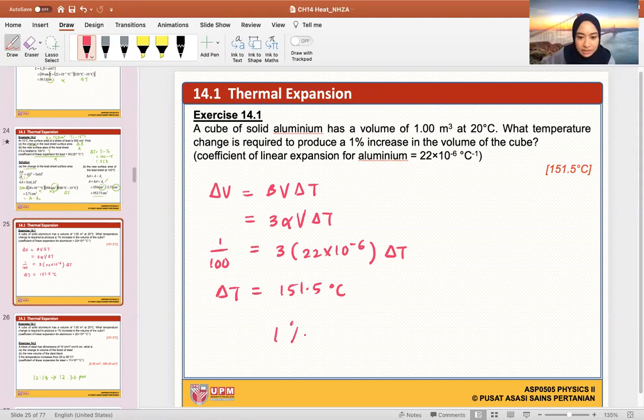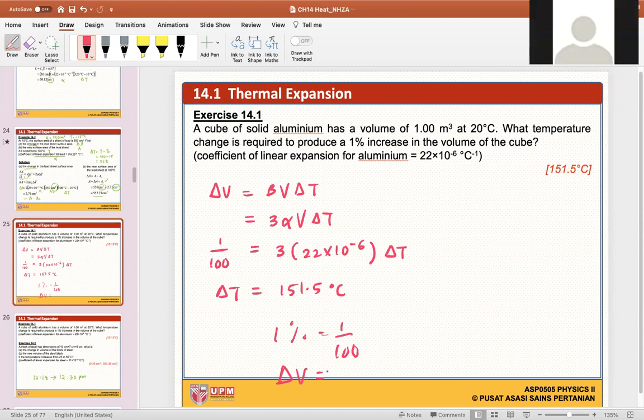So 1% is equal to 1/100. Jawapan awak betul Redha. Cuma saya nak tahu kefahaman awak tentang delta V. Sebab delta V tu increase in the volume, so saya gunalah 1% tu which is 1/100.